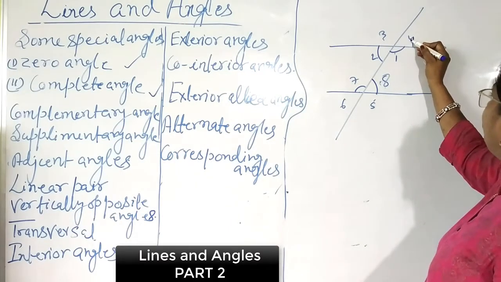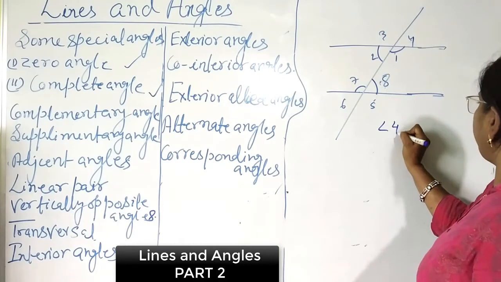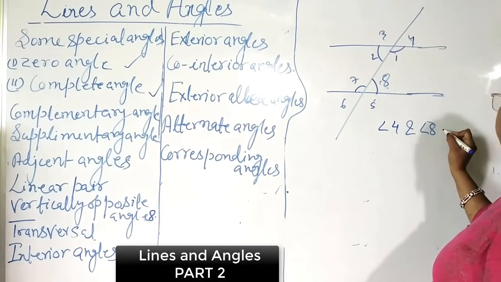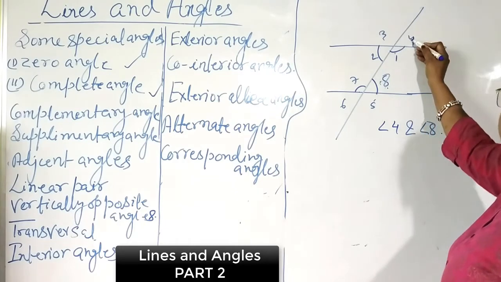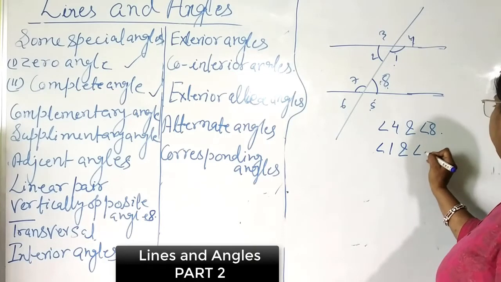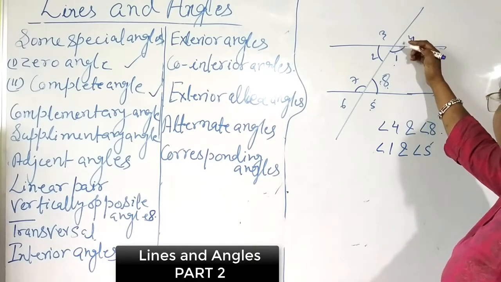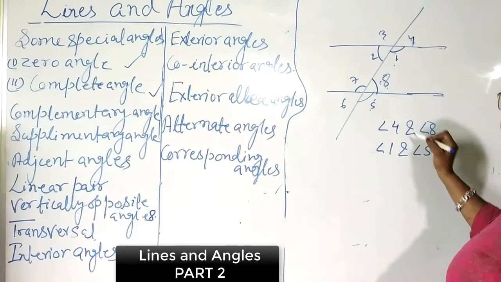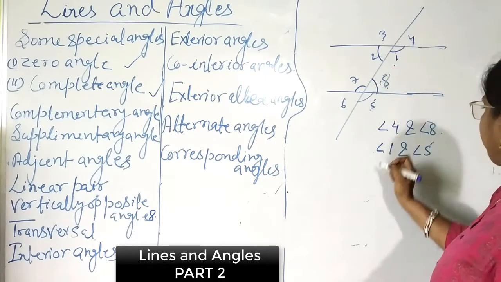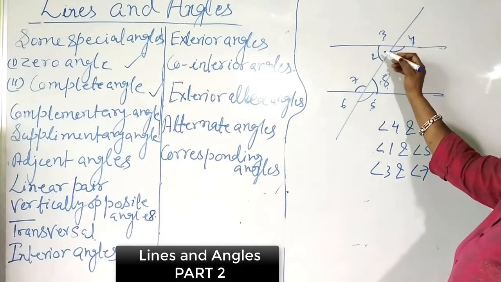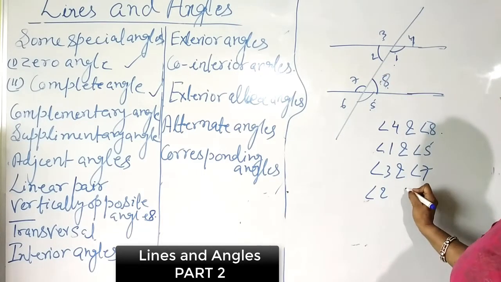Corresponding means angle 4 and angle 8. 4 and 8 are corresponding angles. In the same way 1 and 5, angle 1 and angle 5. 4 and 8, 3 and 7, angle 3 and angle 7, and 2 and 6.